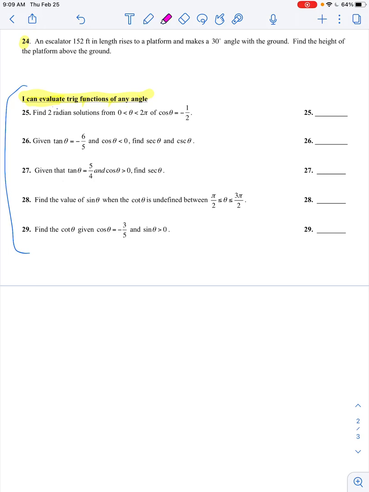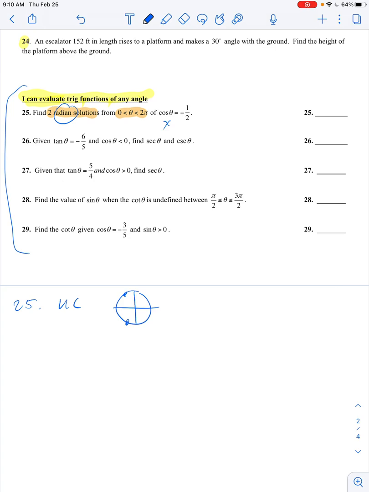This says to find two radian solutions between 0 and 2 pi where the cosine or x is negative 1/2. So for 25, I'm literally just going to stare at the unit circle. 0 to 2 pi is simply the entire circle, and it says to do radians, and I'm looking for where the x would be negative 1/2.